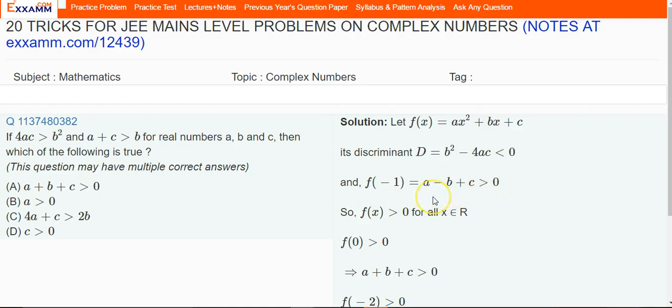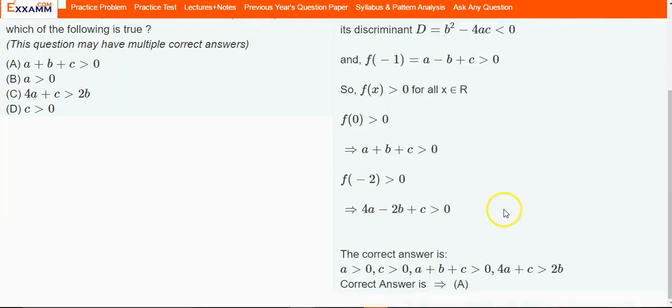This is a bit of an intuitive step, but not much.